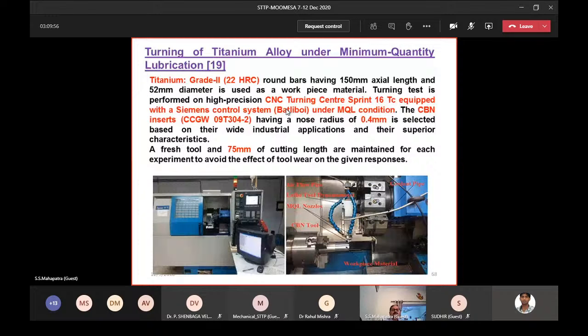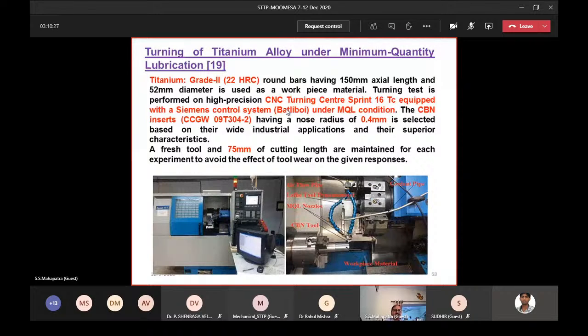That is the turning of titanium alloy under minimum quantity lubrication. This case study is taken from reference 19. Titanium grade 2 round bars having 150 mm axial length and 52 mm diameter are used as the workpiece material. The turning test is performed on a high precision CNC turning center with the Siemens control.